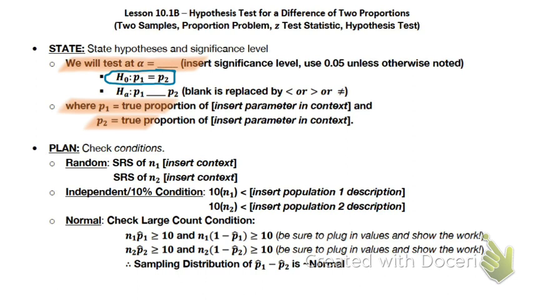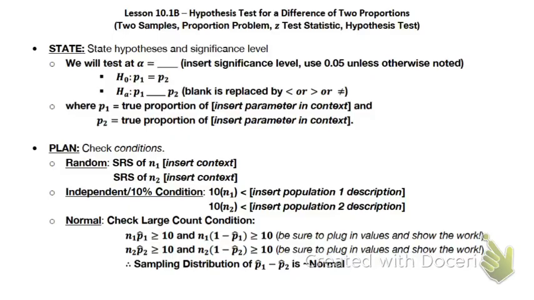We're going to check all of our conditions, and we have to check the conditions for both. Then we're going to say that our sampling distribution of p hat 1 minus p hat 2 is approximately normal.